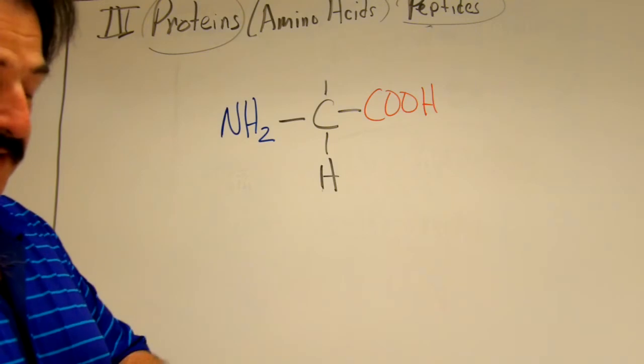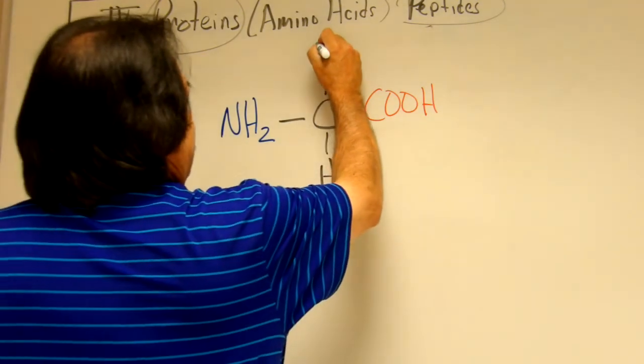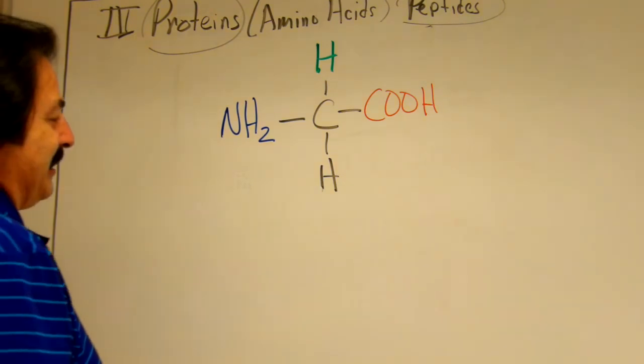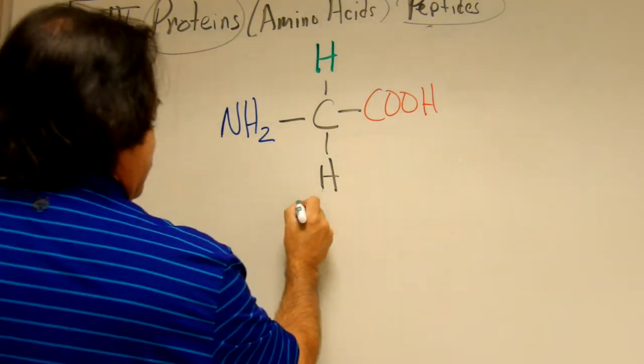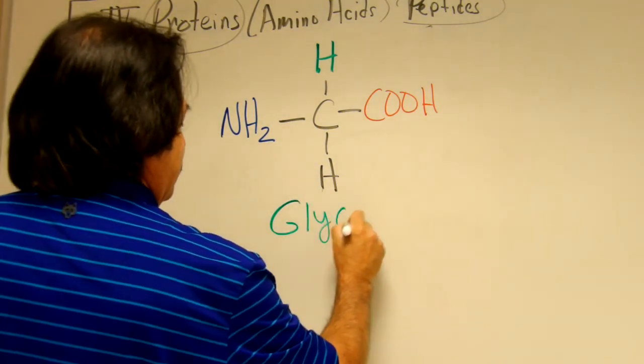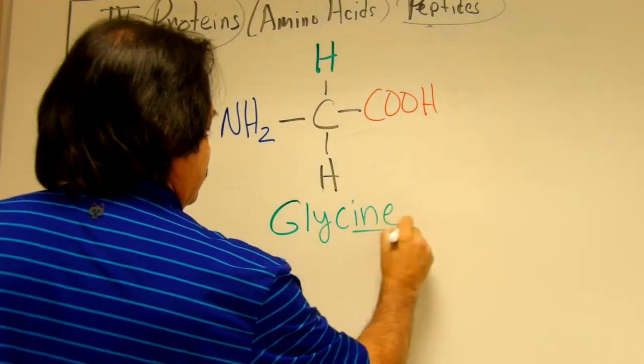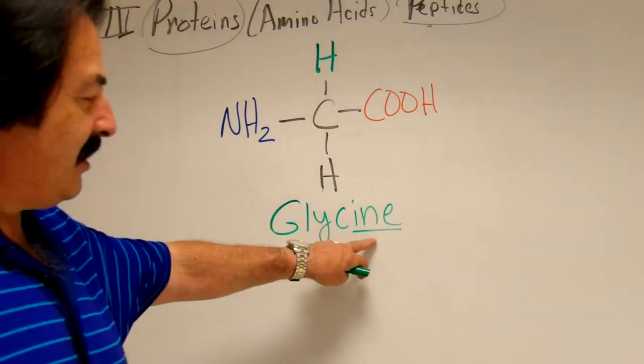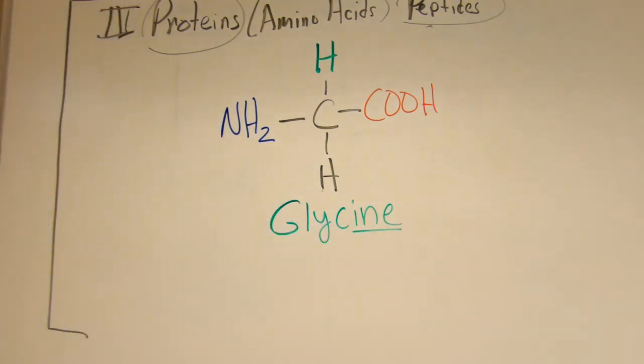specific amino acids you have to know by name. If in that R position we put an H, this becomes glycine. Notice the end of our name is ine.